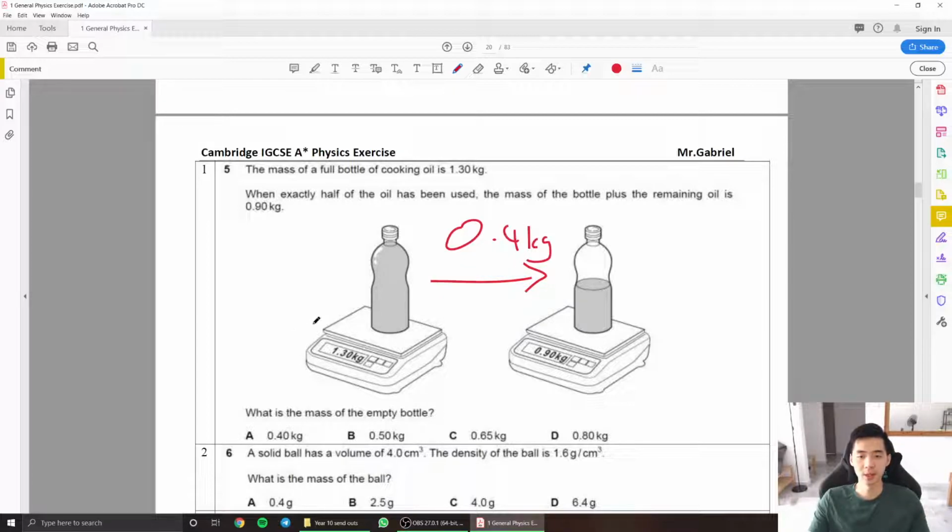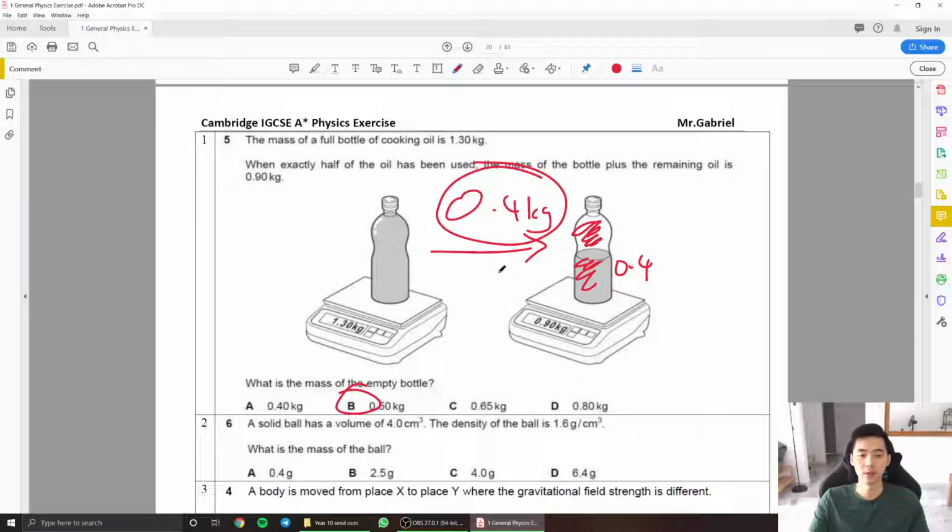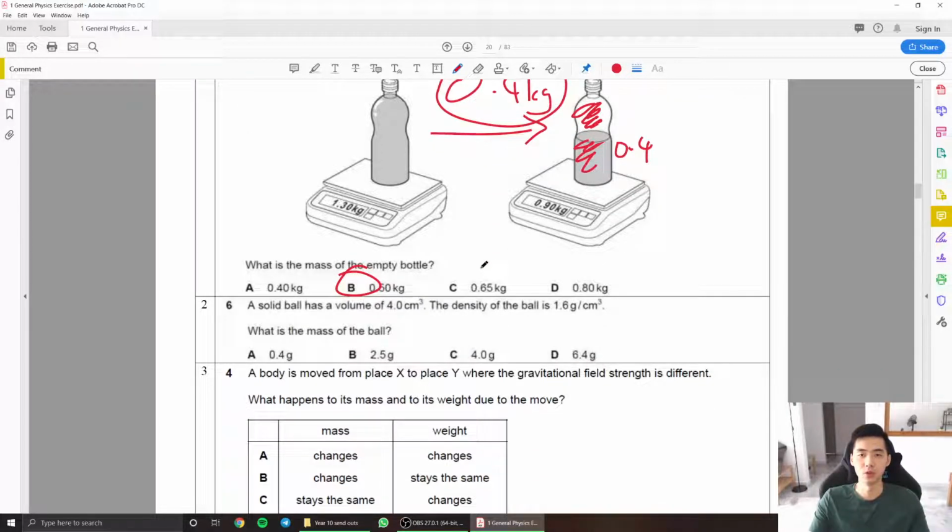What is the mass of the cylinder? If 0.4 kg was half the liquid, this other half will be 0.4 as well, right? So if I want to find the empty bottle, it should be 0.9 minus 0.4, which is going to give you a final answer of 0.5 kg here.